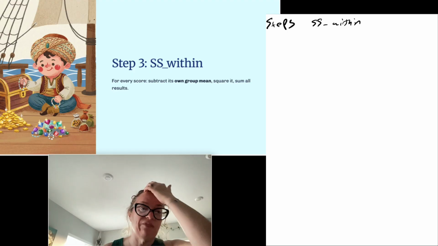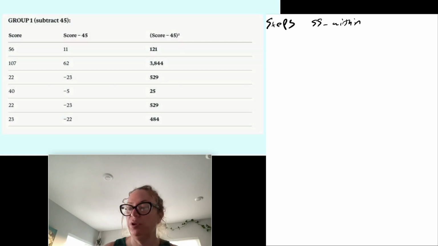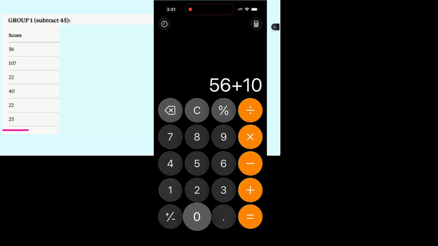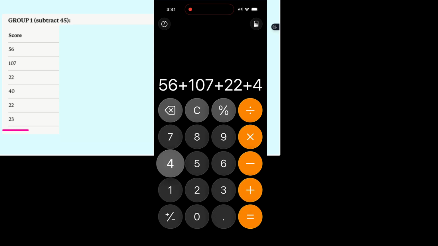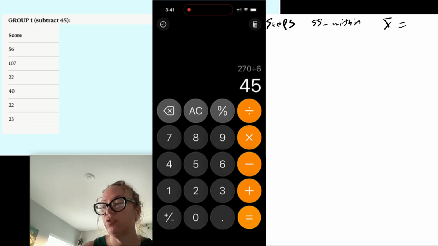Okay, so this is the heavy computational step. So take your time, and I'm going to show it group by group. Okay, so the appeasement group, if you add all these scores up, the group mean, just the X bar, not X bar bar, is 45.